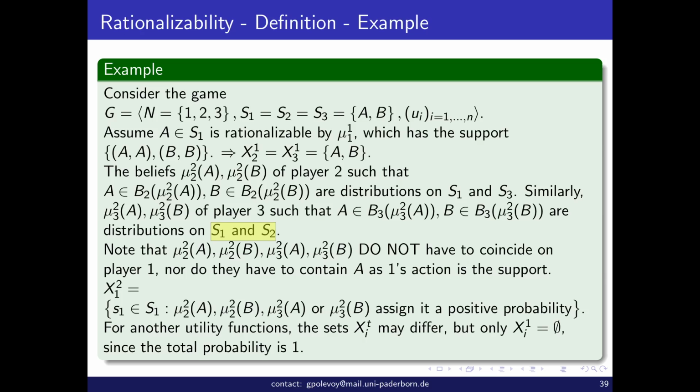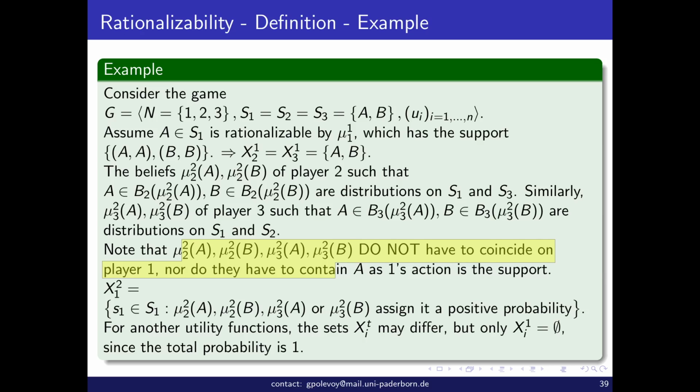And unlike in that equilibrium, when everyone has eventually the same belief, which is true, what actually the players do, here in the belief which justifies action A of player 2, belief that justifies action B of player 2, belief that justifies action A of player 3, and belief that justifies action B of player 3, everything on the nesting level of 2. That's what we look at. Those do not have to coincide on what they predict for player 1.